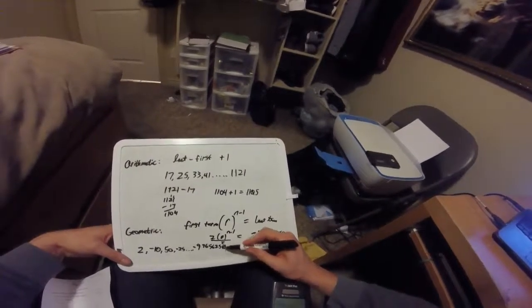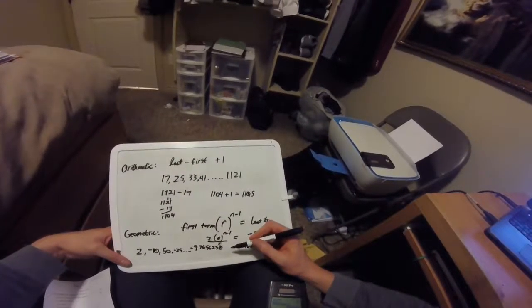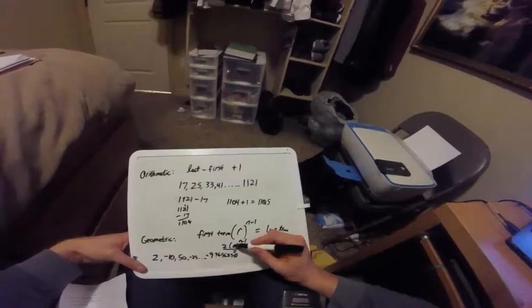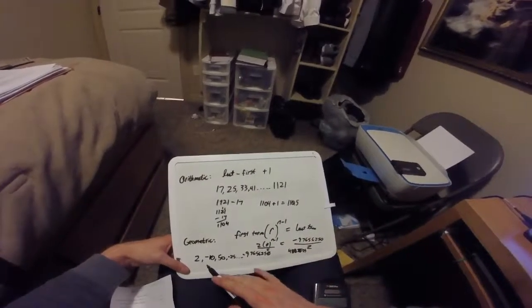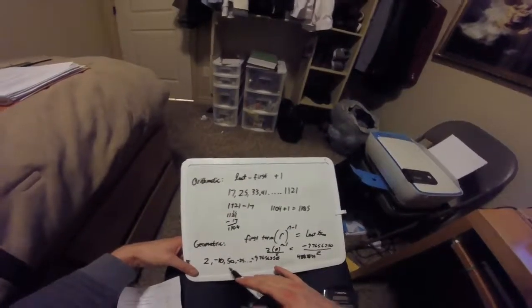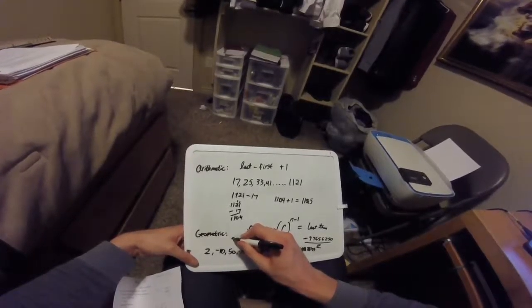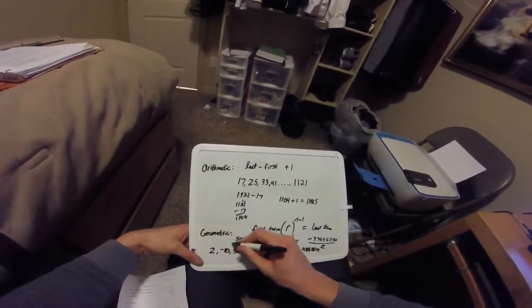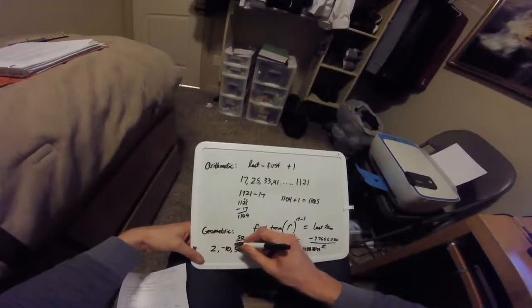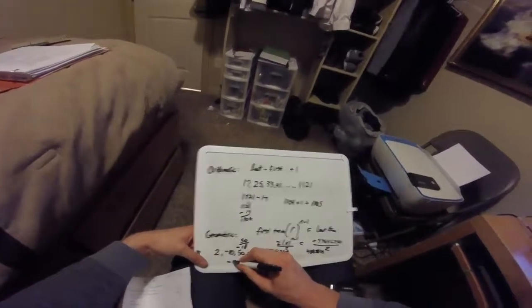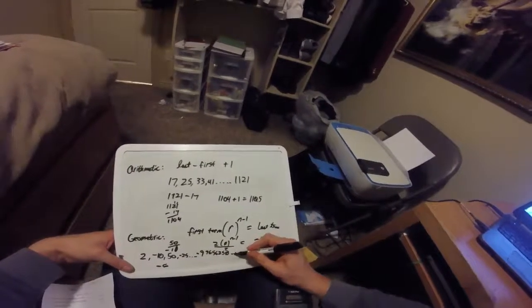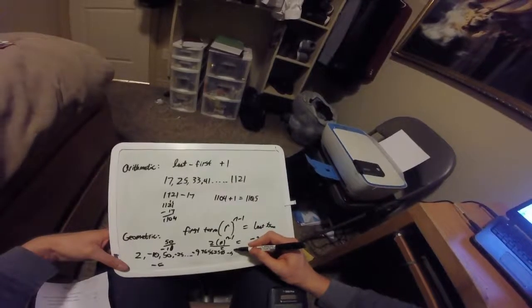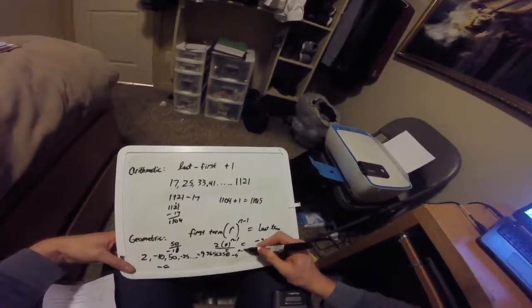So we'll take the log of both sides. So our ratio that we're moving up by, by negative 10, so our ratio is negative 5. So negative 5 raised to the n minus 1.